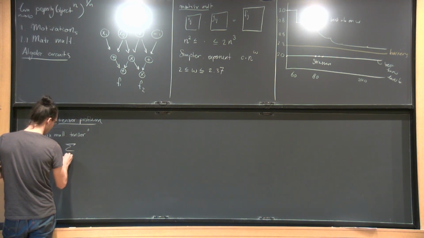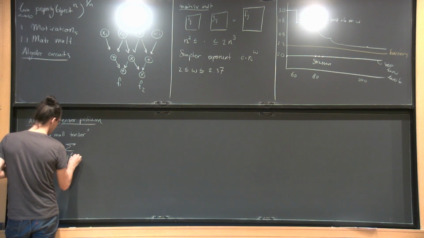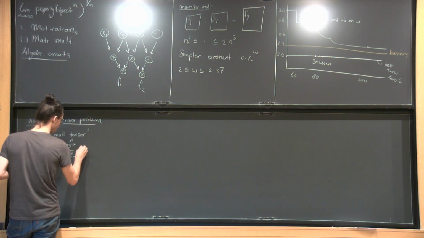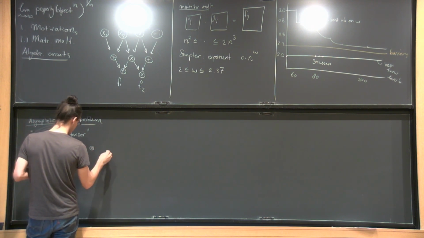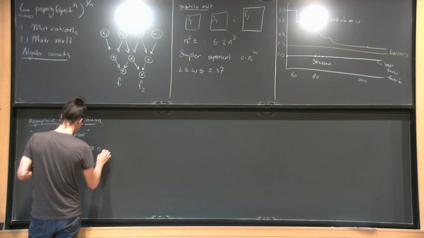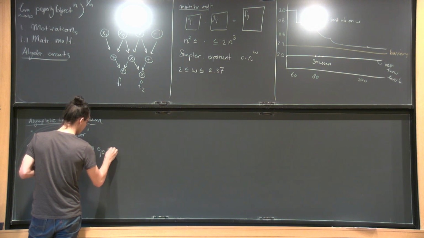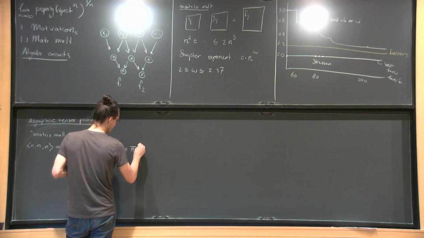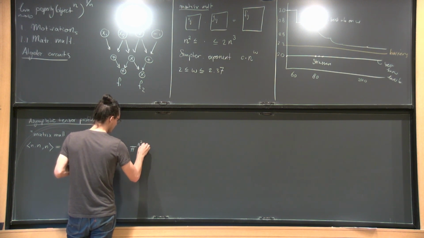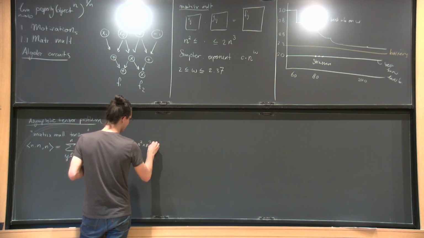It's a sum over ijk from 1 to n of this outer product. So e_ij tensor e_jk tensor e_ki. So this tensor lives in, has dimensions n squared by n squared by n squared.